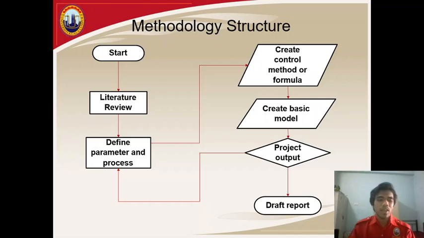After you gain knowledge about Wi-Fi, you can proceed to decide what parameters and what process you want to use to make your project a success. After that, the step is to create a control method or formula. Then after you are done with that step, go to the next one, which is to create the basic model.